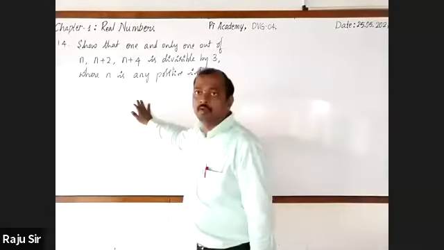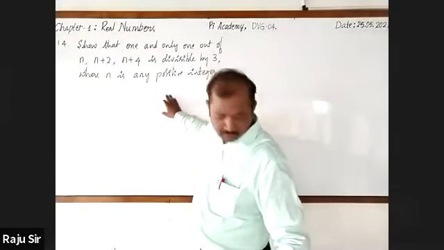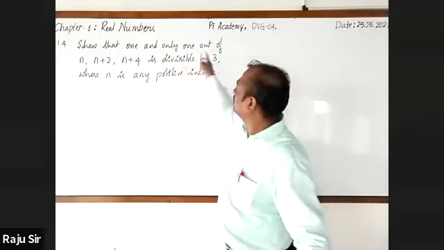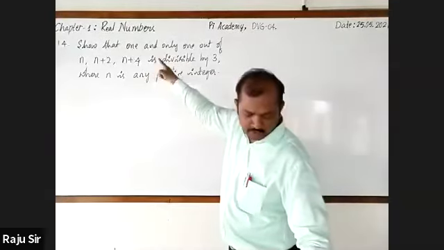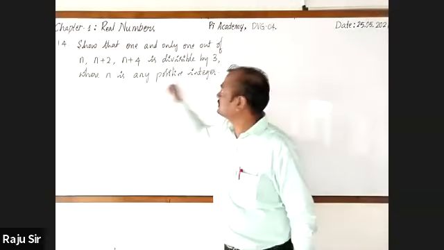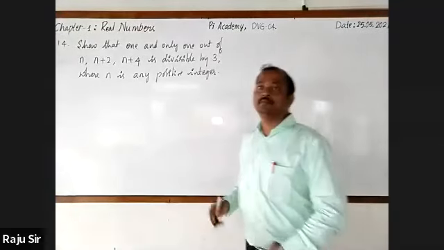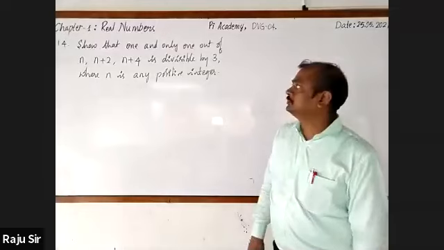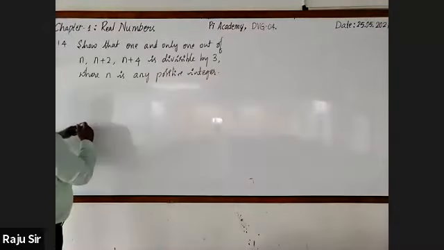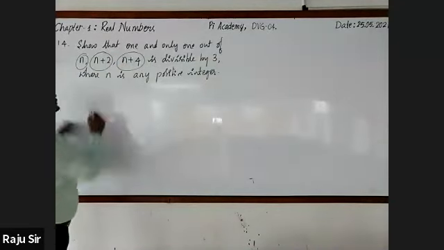Okay. Hope that you have copied. Once we check the statement: show that one and only one out of n, n plus 2 and n plus 4 is divisible by 3, where n is any positive integer. There are 3 numbers: n, n plus 2 and n plus 4.